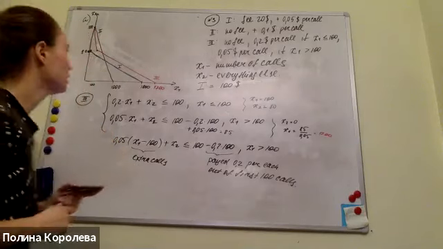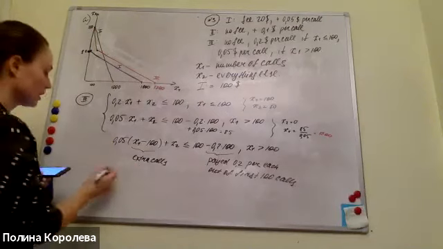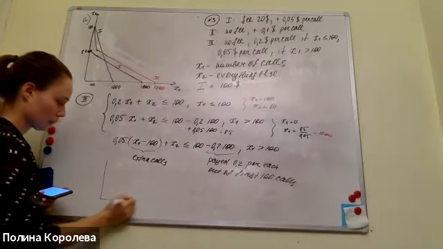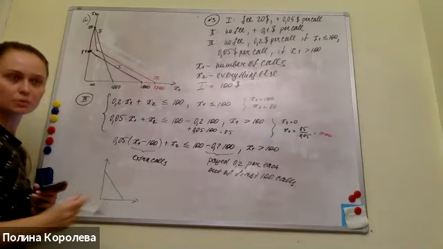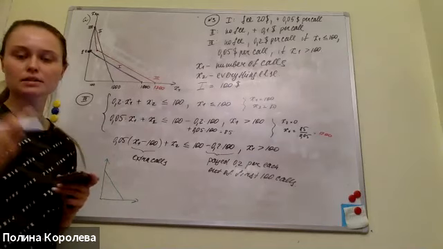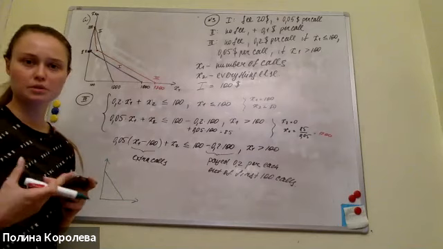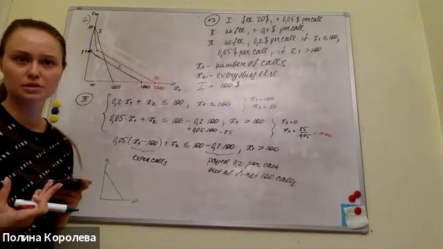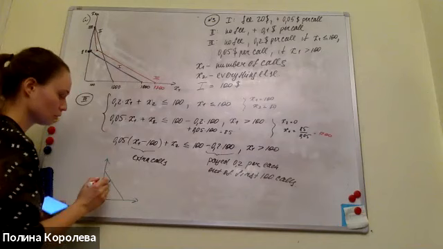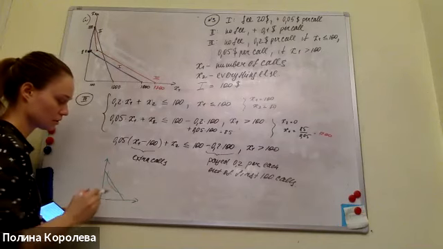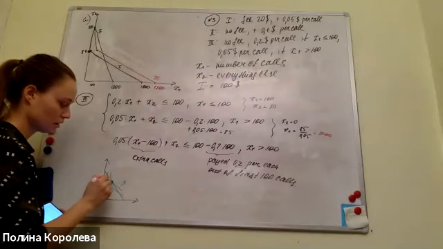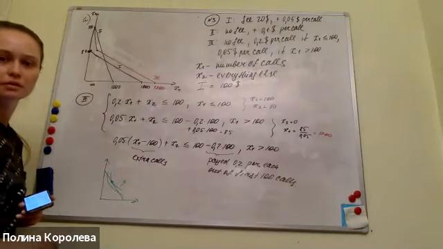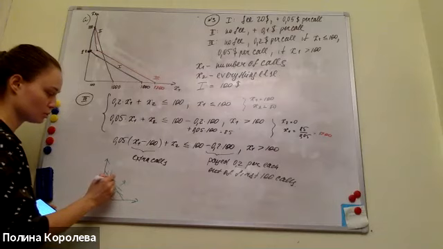So, how do we maximize our utility? If we have such a budget constraint, we should take the highest indifference curve. The highest indifference curve will give us the maximum level of utility that we can get. So we will not take such an indifference curve. We will take the indifference curve that touches our budget line. Yes, this is our optimal point.